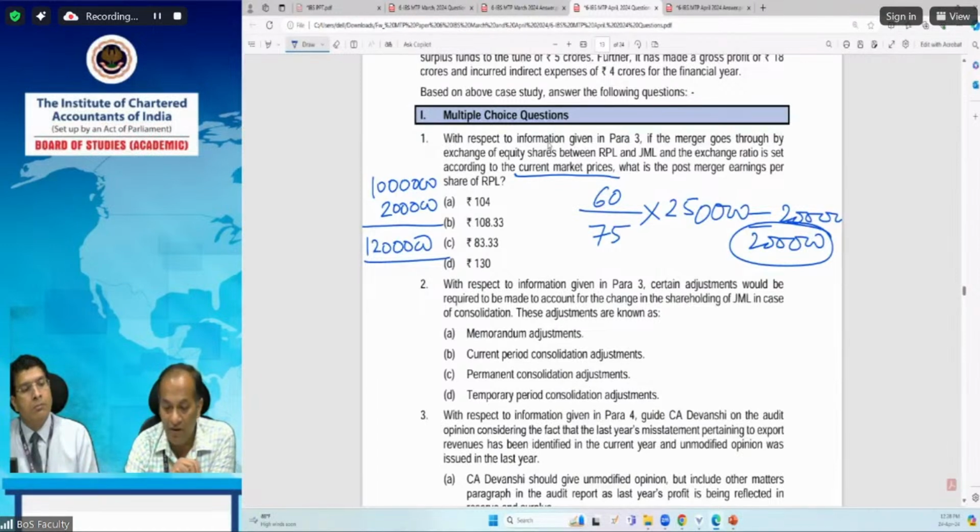Now when the companies are merged, the earning of the acquired company becomes the earning of the acquiring company.